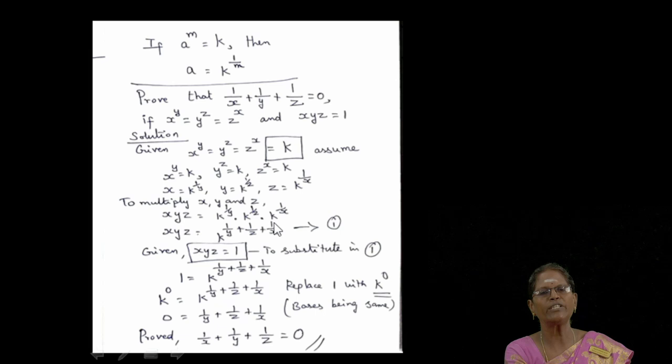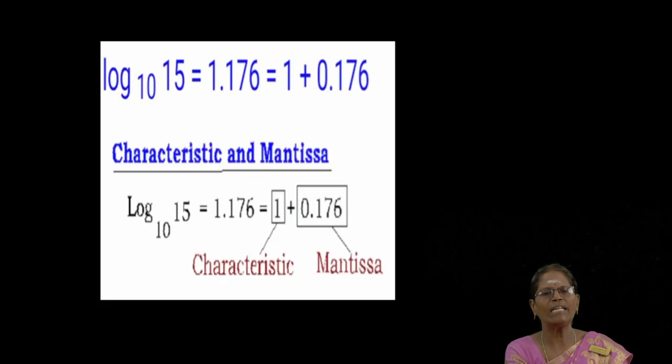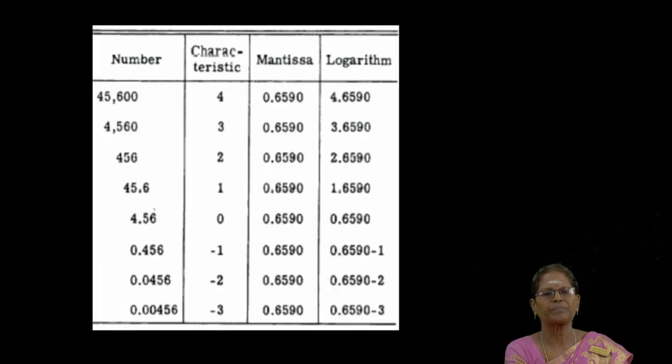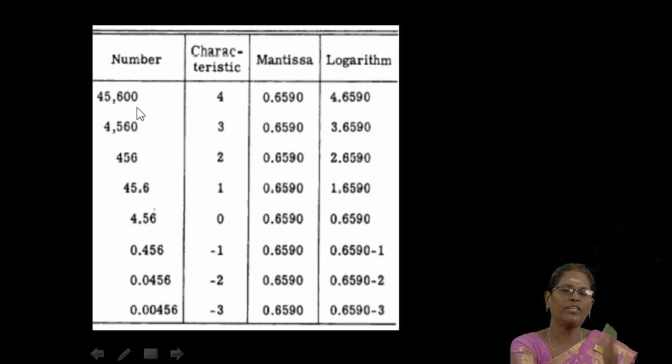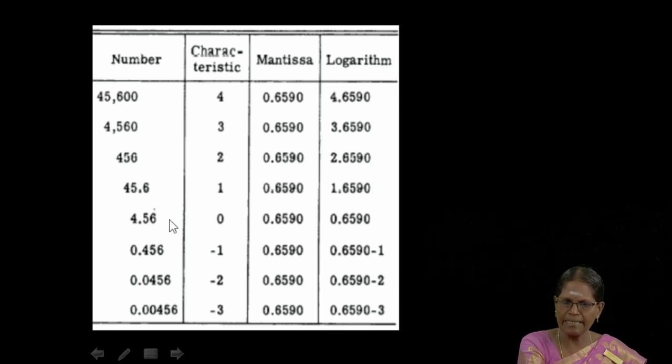Now let us look into some more log values. If the number is 45,600, here there are 5 digits. So 5 minus 1, we give the characteristic 4. In the same manner, let us come to 4.56.